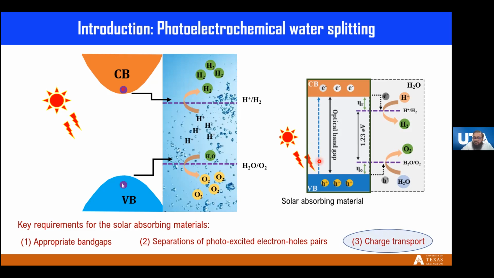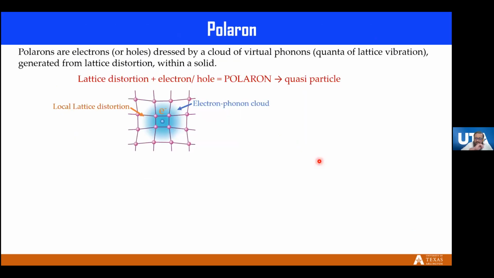The point that we will be focusing on today is the polaron. In metal oxides, especially in 3D metal oxides, which have strongly correlated electrons, the electrons can interact with the lattice.